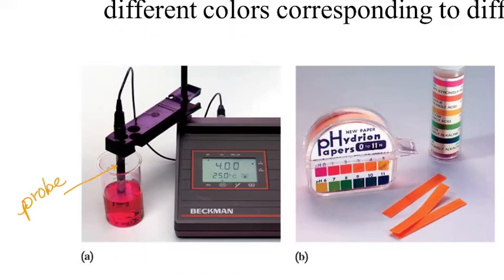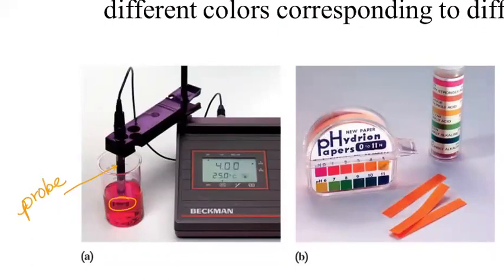In this probe, there is a detector down here. When you have calibrated your instrument with some pH standards, you're telling the machine, hey, these are the standards for pH 3, pH 7, pH 10. It depends how many calibrations you need to do.